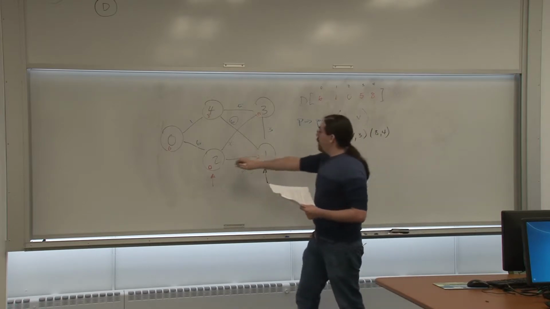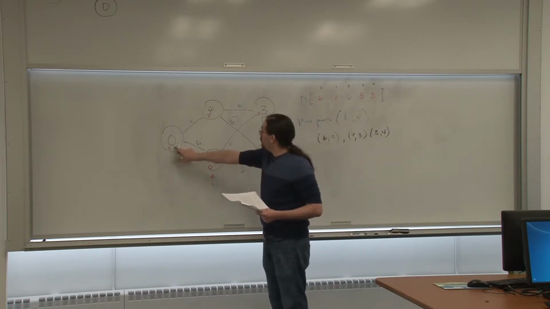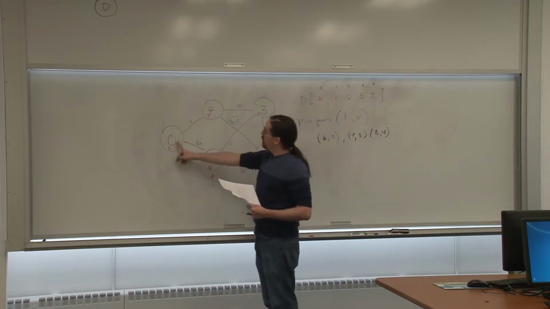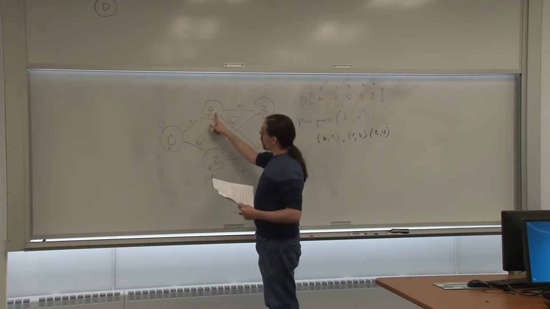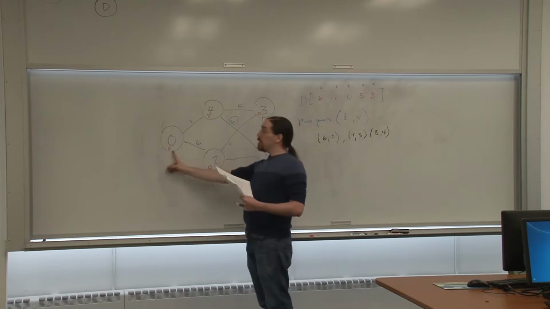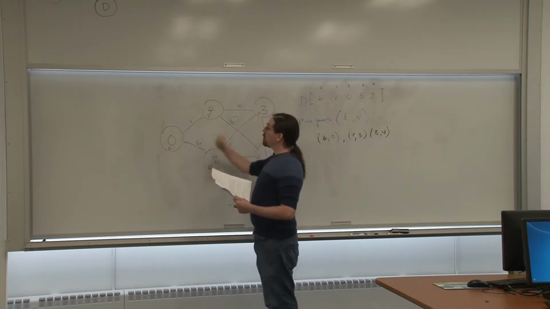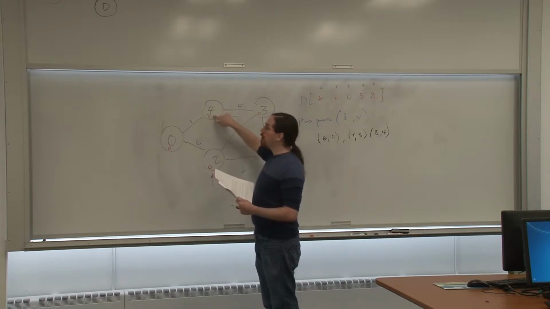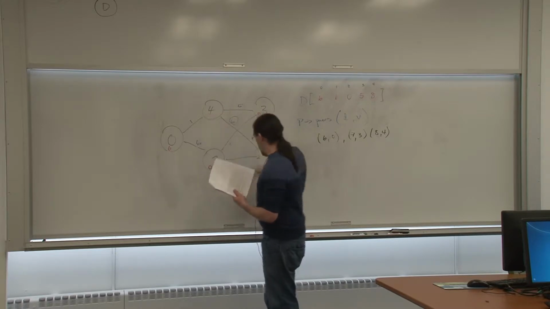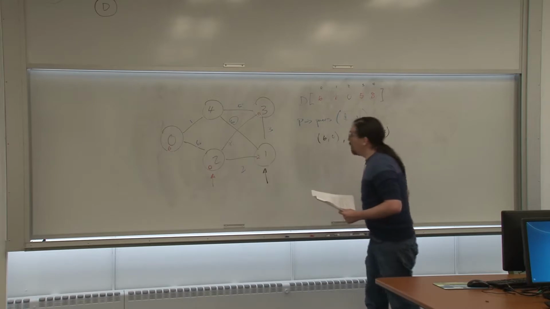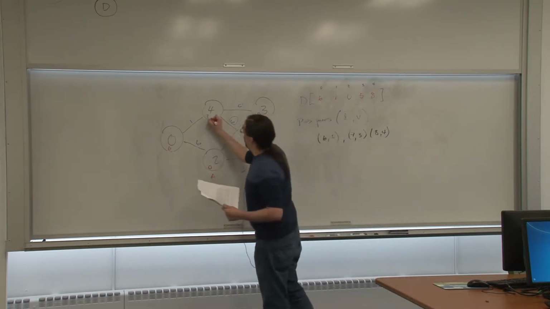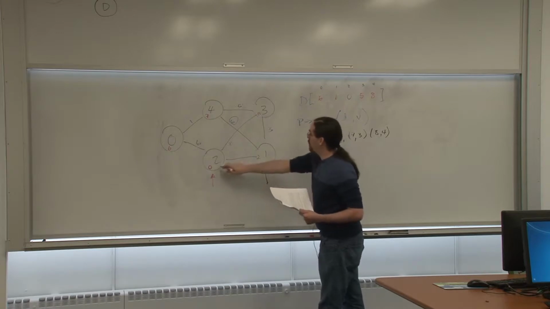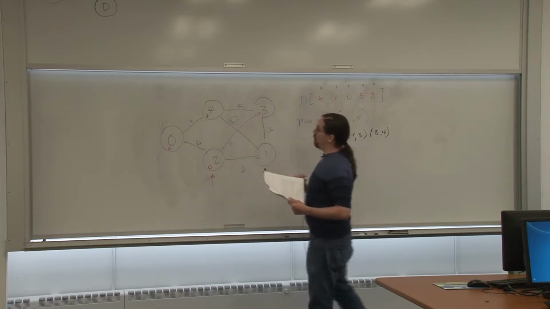We could go now to here and say, all right, is there a shorter path anywhere? Well, from here, we could go to 4. It costs us 6 to get here, costs us 1 to travel this edge, and that's 7, which is shorter than the current path to go here. So we can improve by going from 2 to 0 to 4 instead of the current path, which is from 2 to 1 to 4.